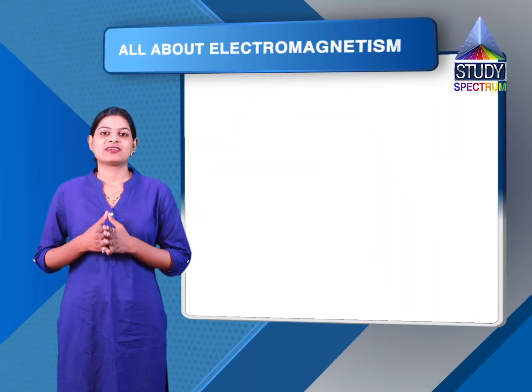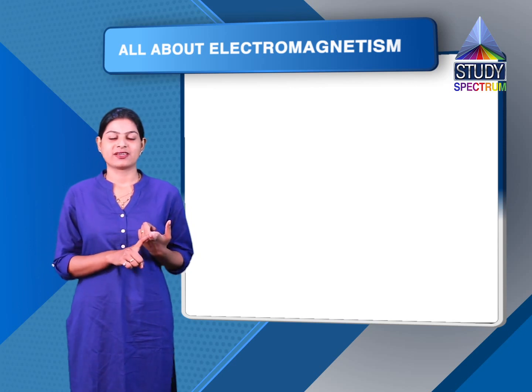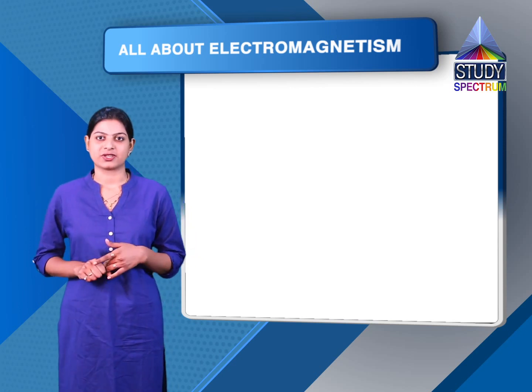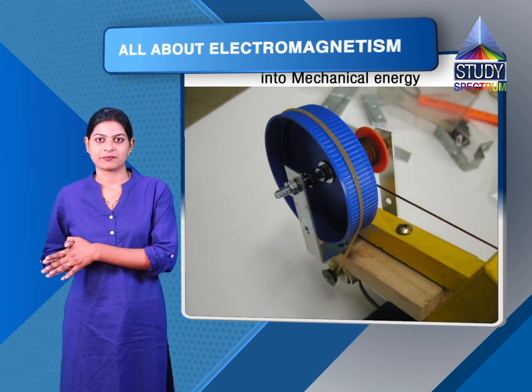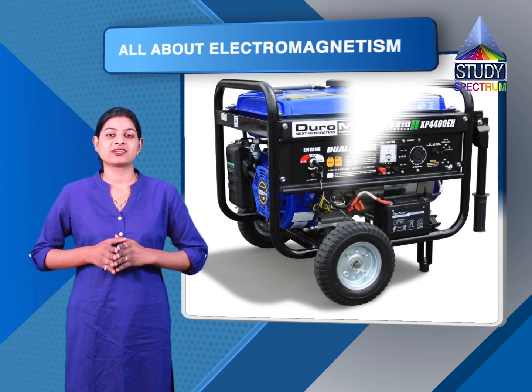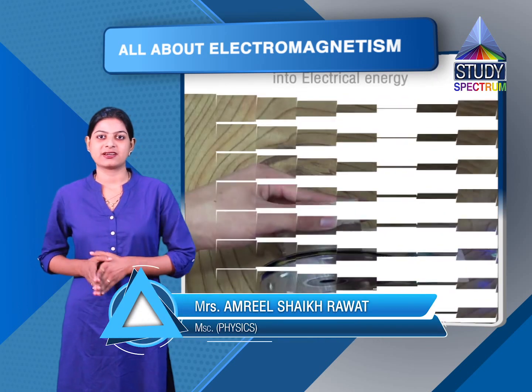Last time we saw the working of an electric motor. In an electric motor, electrical energy was converted into mechanical energy, and we use that mechanical energy to do some mechanical work. But in the case of an electric generator, we are converting mechanical energy into electrical energy.